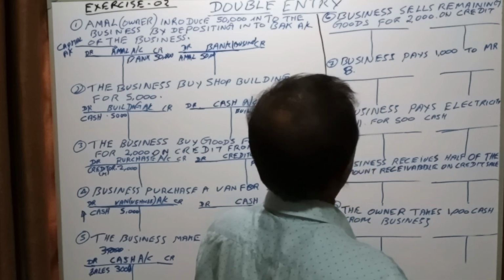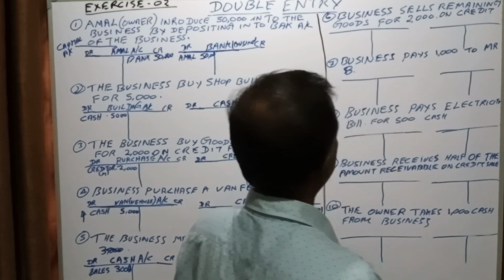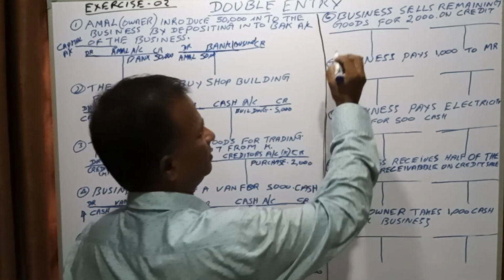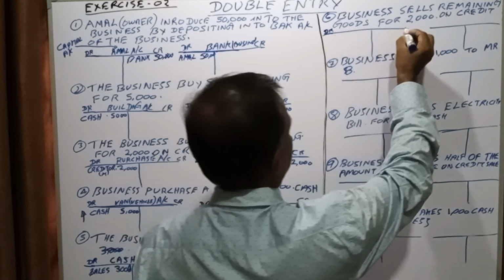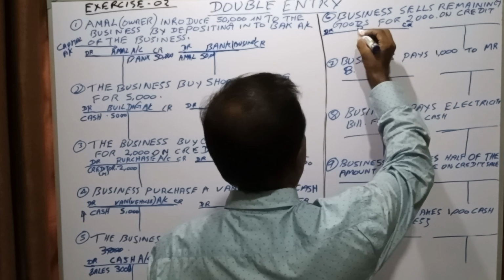If we are selling on credit, the account affected is debtors account. It is on the debit side, Dr, and this is Cr.